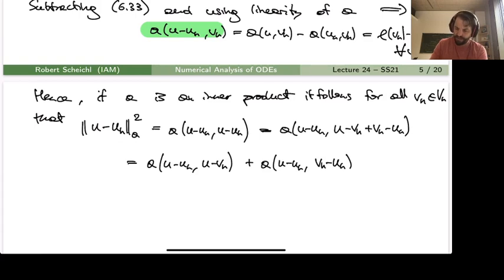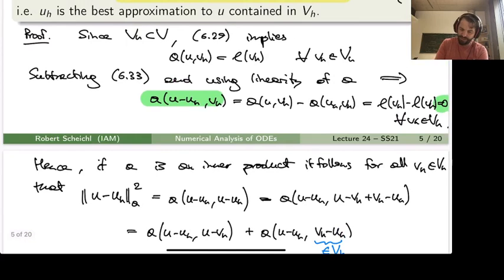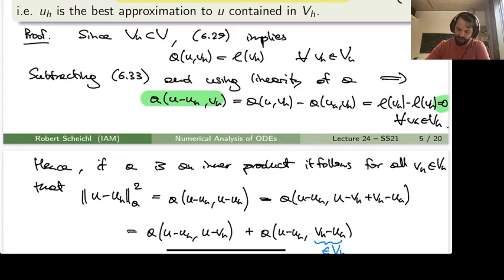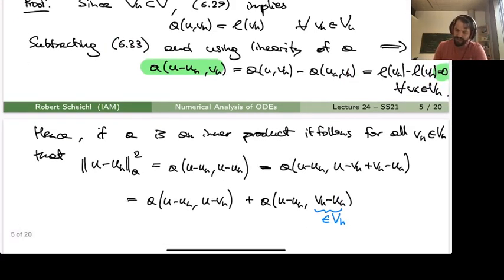But that thing here is an element of V_h. And now looking above, we've just shown that for any element v_h in the subspace, this inner product a(u minus u_h, v_h minus u_h) is 0. So this whole thing here is 0.